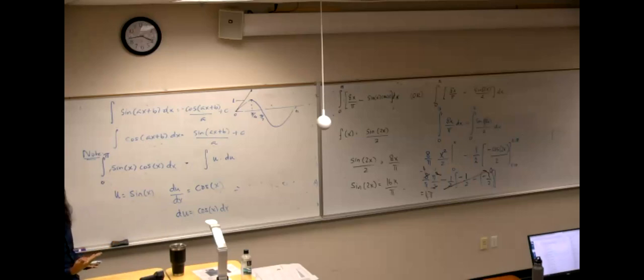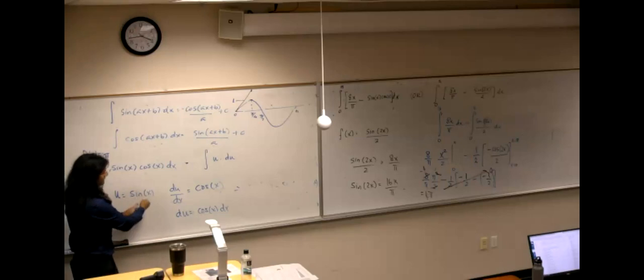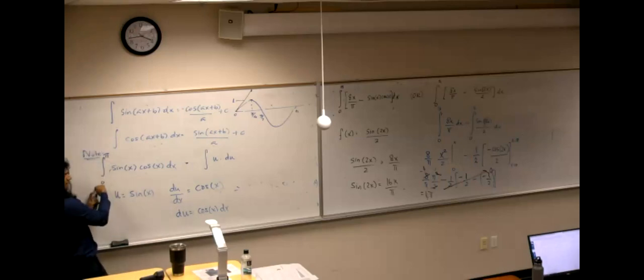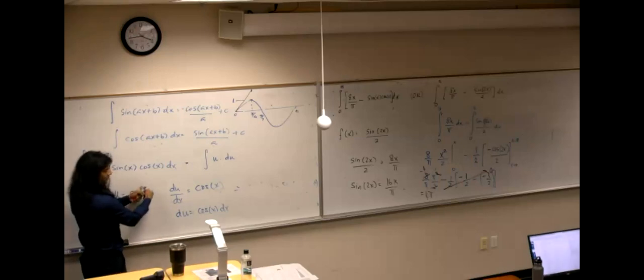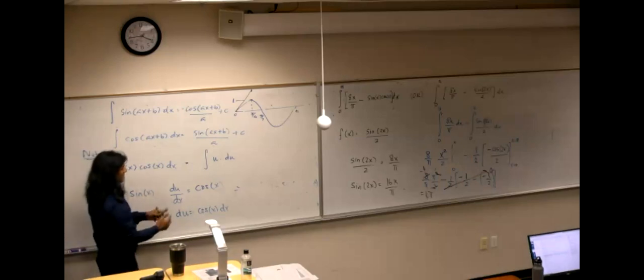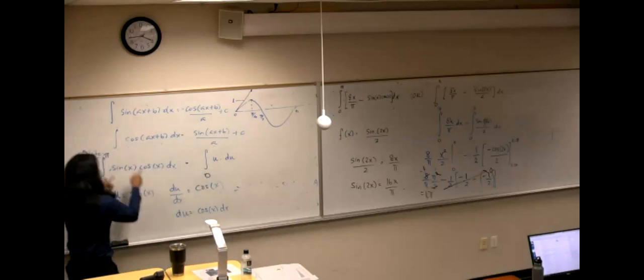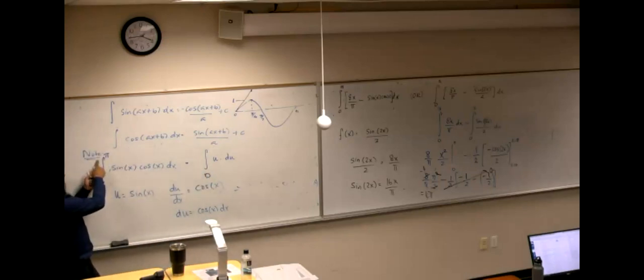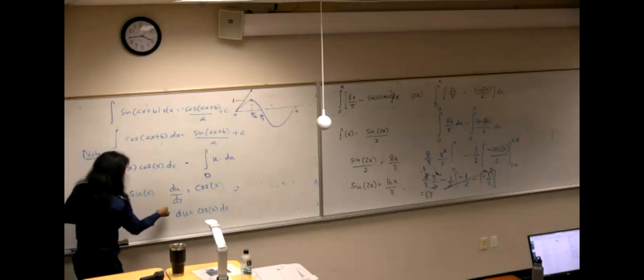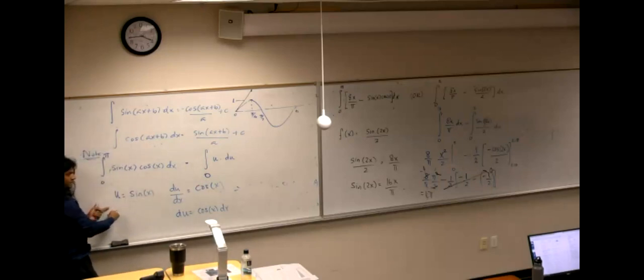Do we know how? U is sine x. If x is 0, what is u? Sine 0. What is sine 0? 0. X is pi, u is sine x. If x is equal to pi, what is u?